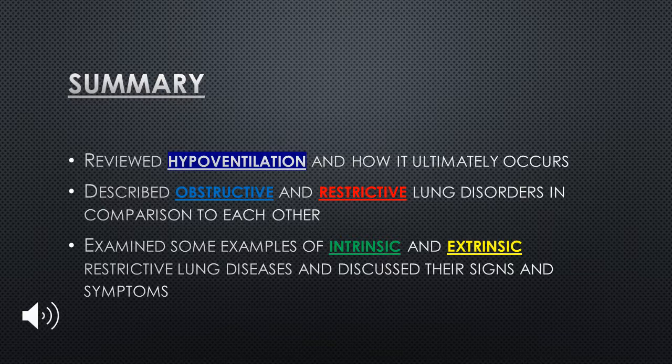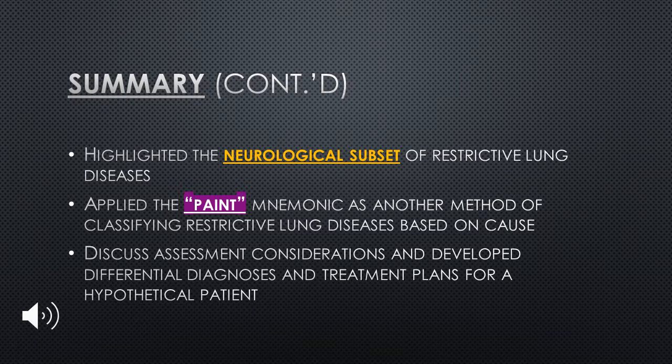And again, obstructive interferes with your ability to get your air out. Restrictive interferes with your ability to get your air in. Got deeper into those restrictive disorders, talked about how they can be intrinsic or extrinsic in origin. We highlighted the neurological subset of extrinsic restrictive lung disease. We touched on the patent mnemonic as another way to categorize restrictive lung disease.